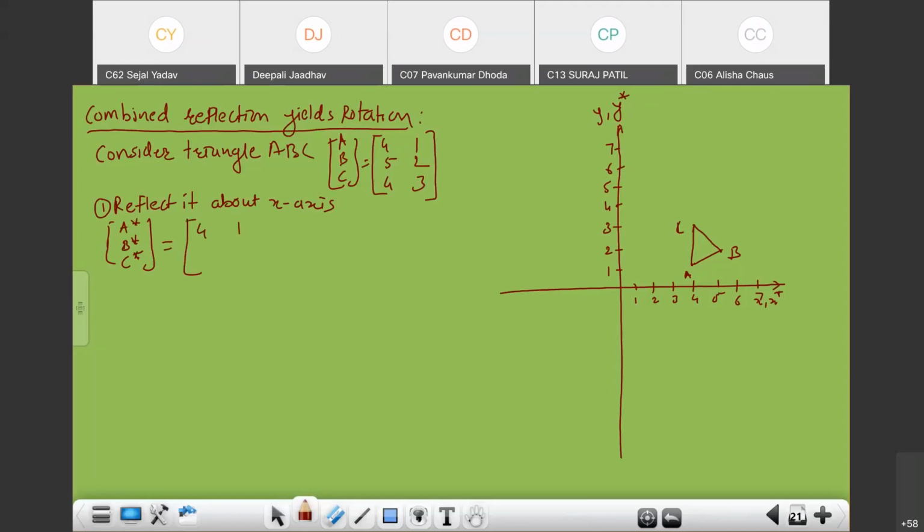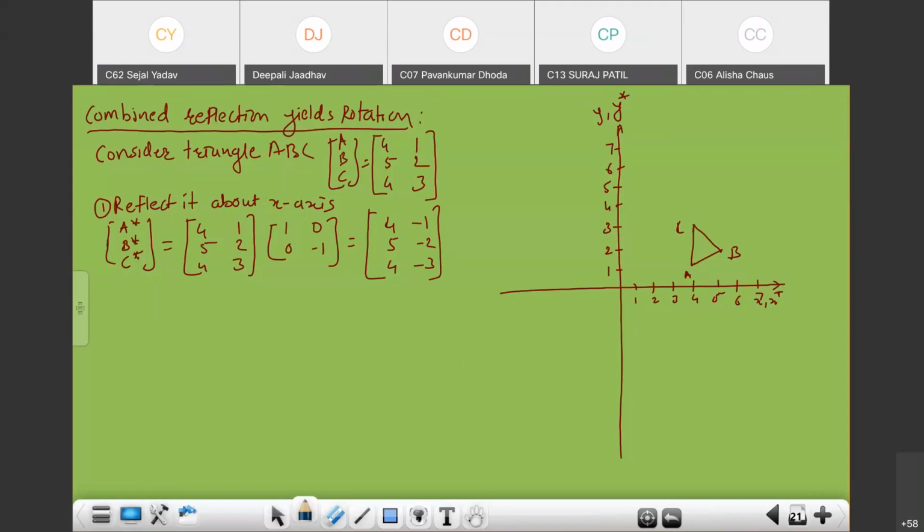The original is 4, 1, 5, 2, 4, 3. Reflection about the x-axis. The transformation matrix is 1, 0, 0, minus 1, which is equal to, make all y values negative: 4 minus 1, 5 minus 2, 4 minus 3. I draw this triangle here. A star, B star, C star.